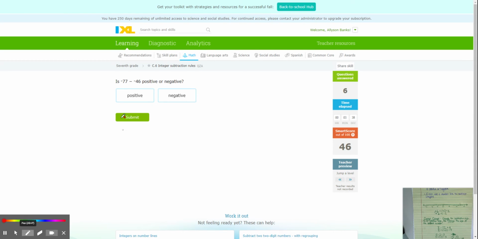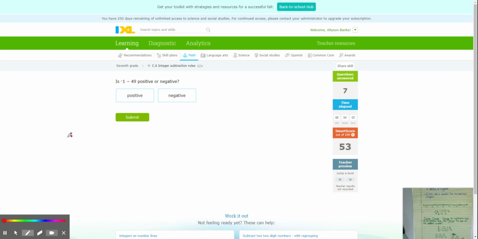Let's add the opposite. So we have negative 77 and a positive 46. Which one has the greater absolute value? The negative 77 or the positive 46? Well, negative 77 is a bigger number, so it has a greater absolute value. So the number should be negative.